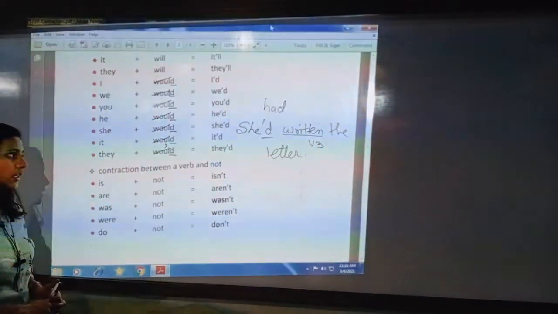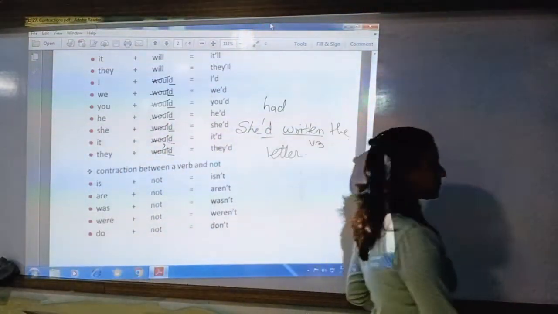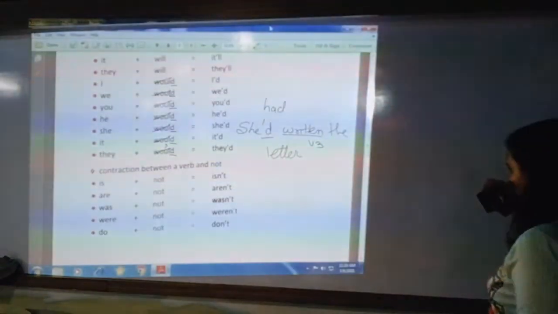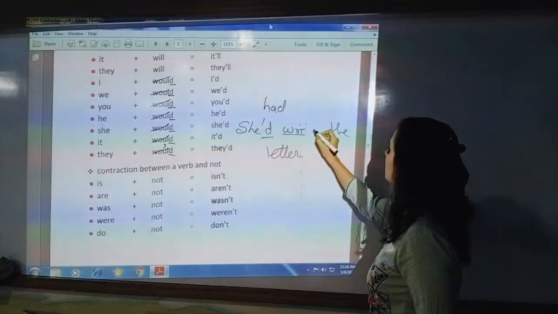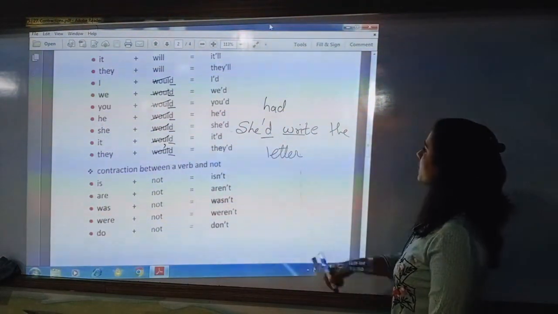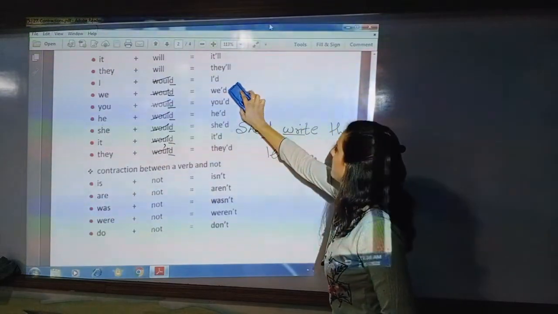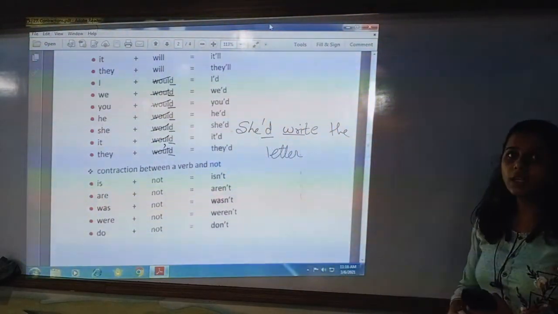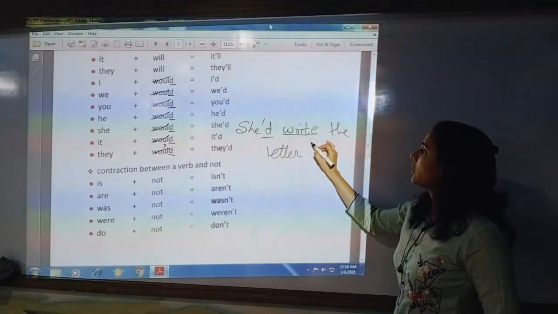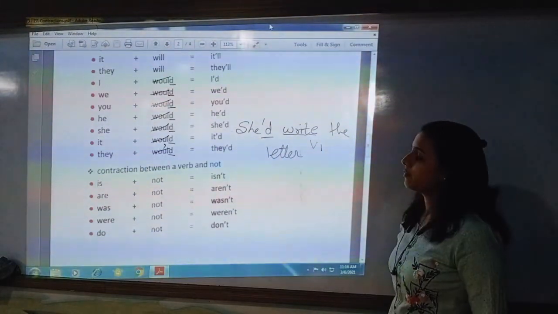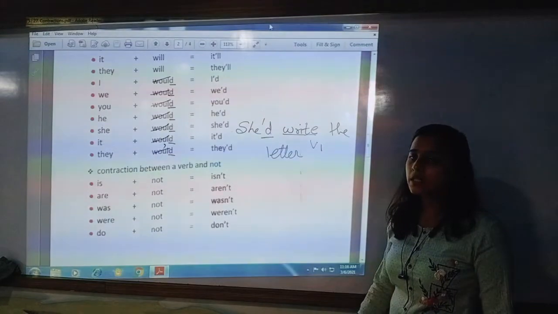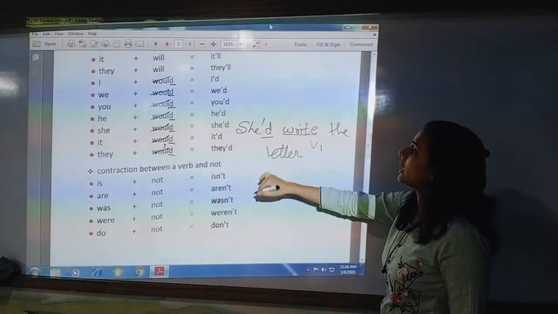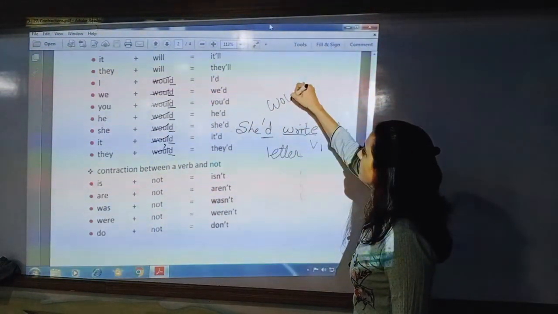Instead of that, if you see the verb's first form, the to-be form, written, that means the apostrophe D is for would.